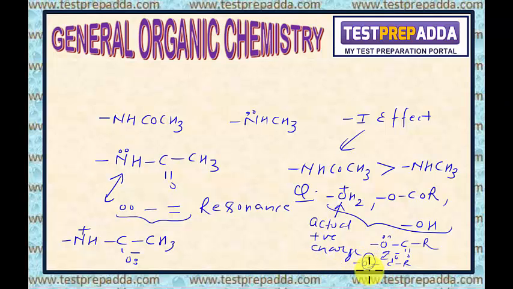So its minus I effect, means electron pulling tendency, increases, but it will be less than the case where atom has got the actual positive charge, but it will be greater than the OH. So whose minus I effect will be the greatest? This one, then second, then third.